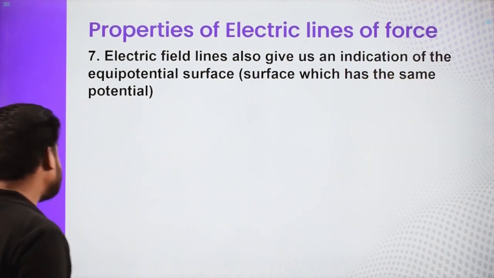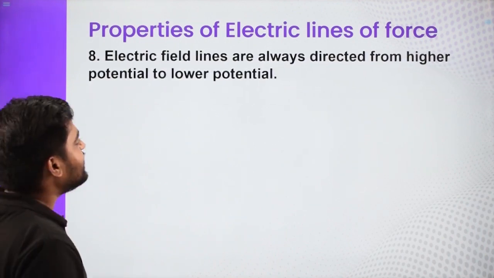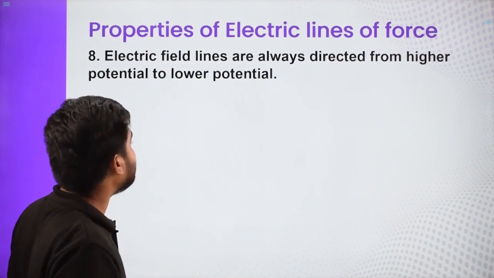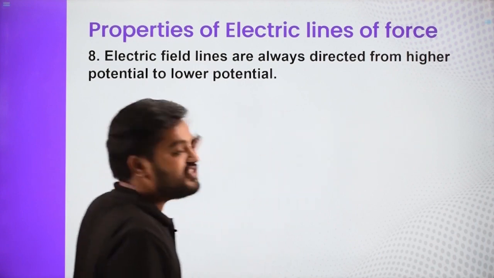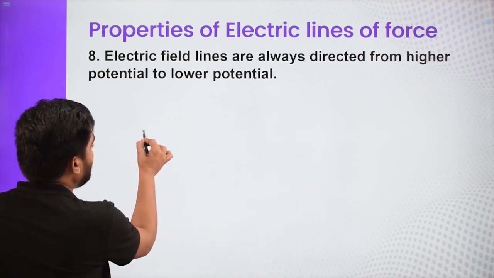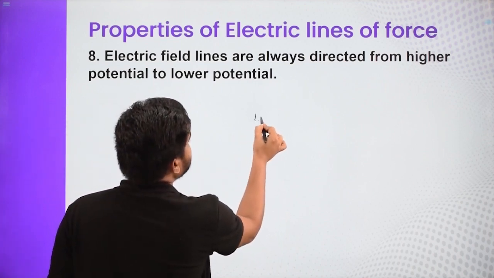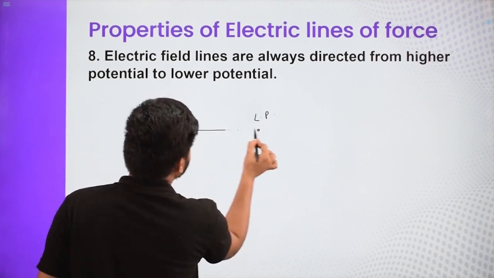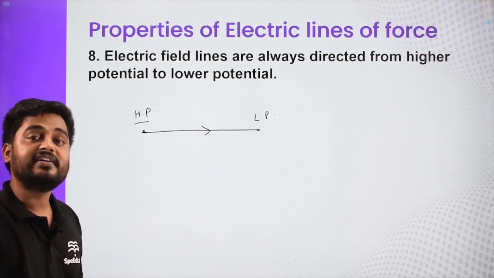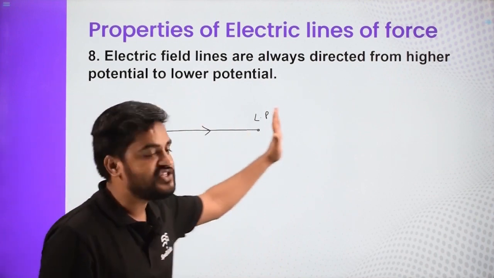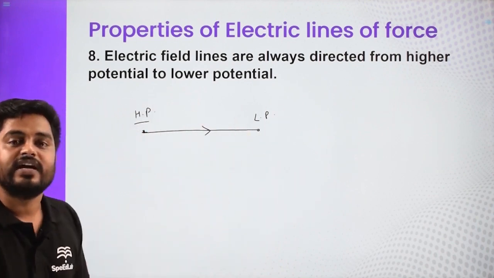So how are potential and electric field lines related? We'll say electric field lines are always directed from higher potential to lower potential. Means if this point has higher potential and this point has lower potential, then the electric field lines will be going in that direction. Alternatively, if we go in the direction of the electric field, then potential decreases.